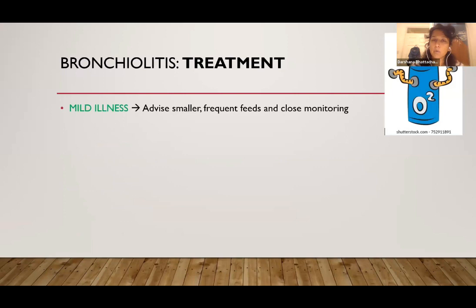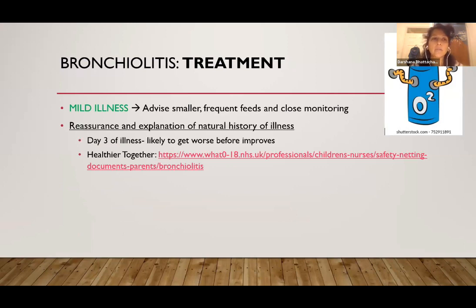Treatment is largely supportive. So in children with mild illness who have normal saturations, normal respiratory rate, but with some increased work of breathing, advising smaller and more frequent feeds usually does the trick, and close monitoring. And again, as I've mentioned, it's important to explain to the parents the natural history of the illness and the fact that around day 3, kids are likely to get a little bit worse before they get better.